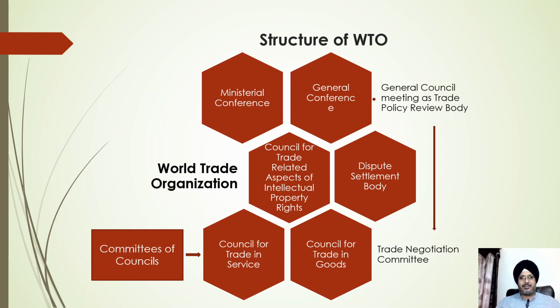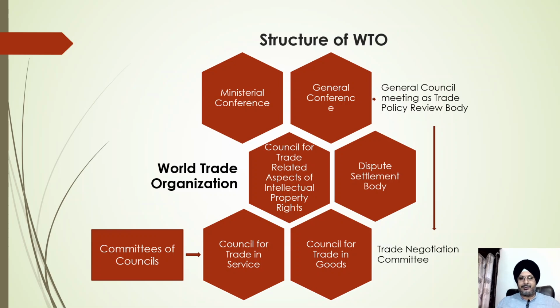It offers the states a chance to come together and discuss the future policies regarding international trade. In parallel to this body, there is the General Council, which is a permanent body which keeps on meeting regarding international trade policy review. So the General Council meets as a trade policy review body, meaning they will review international trade.